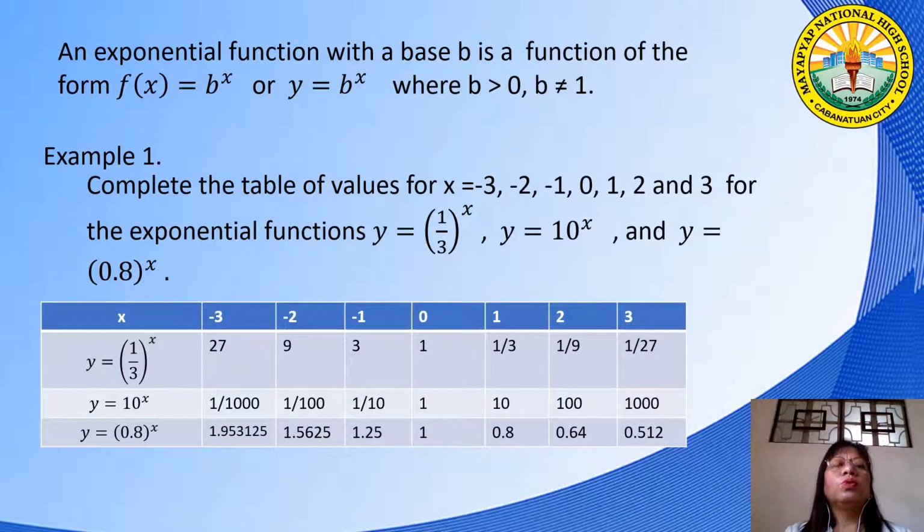So what do you observe in the values? As x increases, for y equals 1/3 raised to x, the value of the exponential function decreases. If the given exponential function is y equals 10 raised to x, then as the value of x increases, the function also increases.